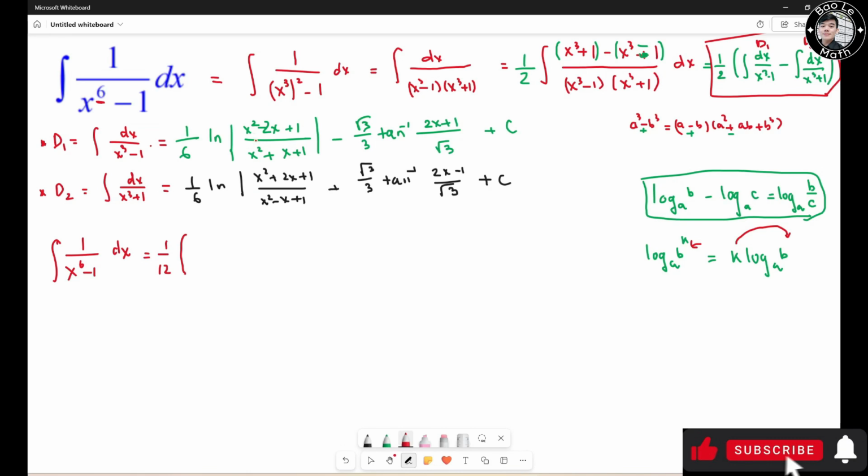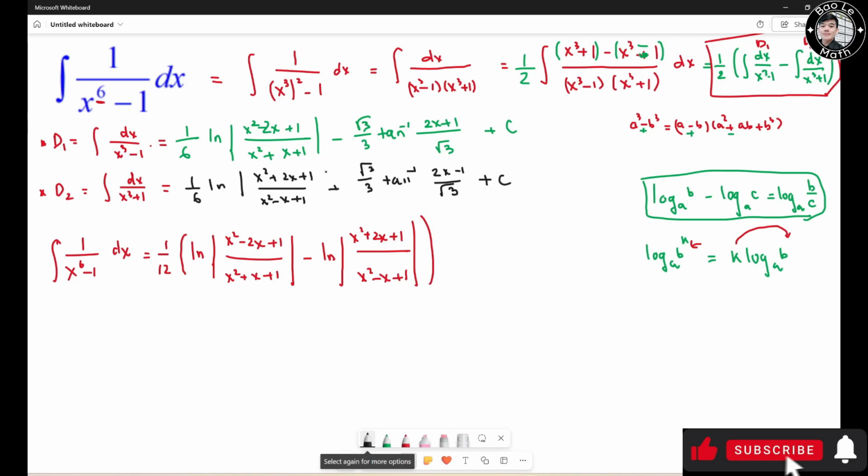Alright, I'm going to group this guy: natural log of absolute value of s squared minus 2s plus 1 over s squared plus s plus 1, minus natural log of the bottom one right here, absolute value of s squared plus 2s plus 1 over s squared minus s plus 1. Close parenthesis.